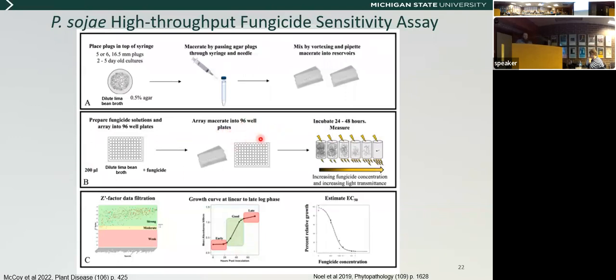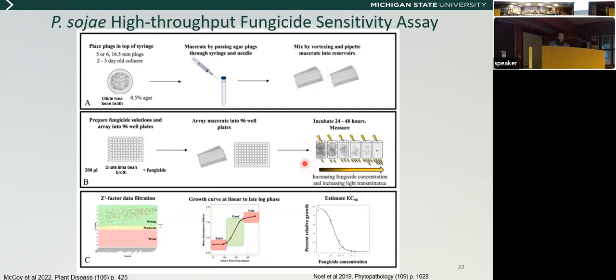Once that master is loaded into the 96-well plate, we incubate these plates for 24 to 48 hours and take readings every 8 hours. So the goal here is to generate a growth curve to identify if the isolate was in the log phase of growth or if it was too late or too early to get an accurate reading of the growth.